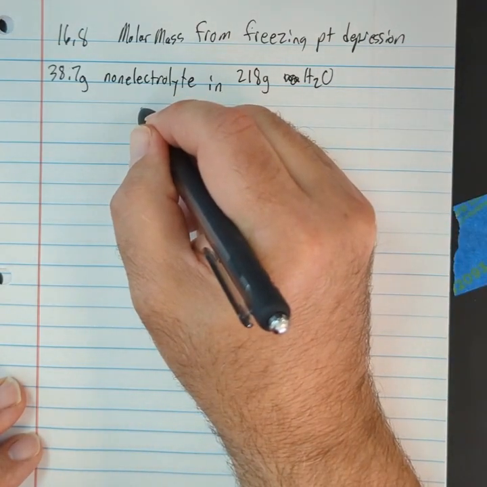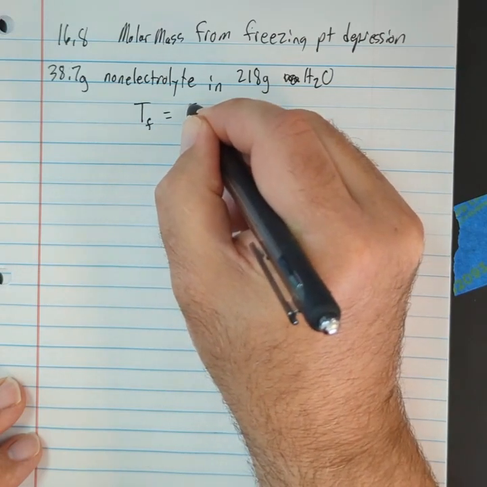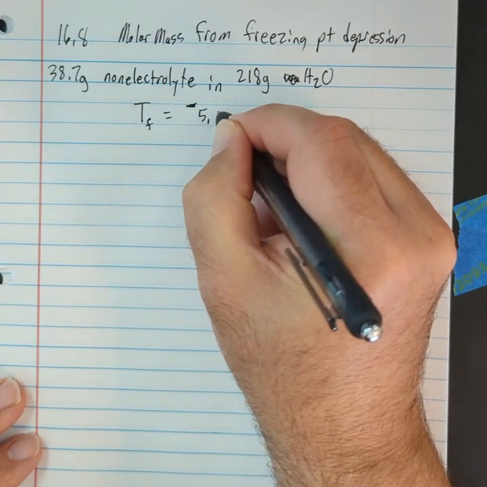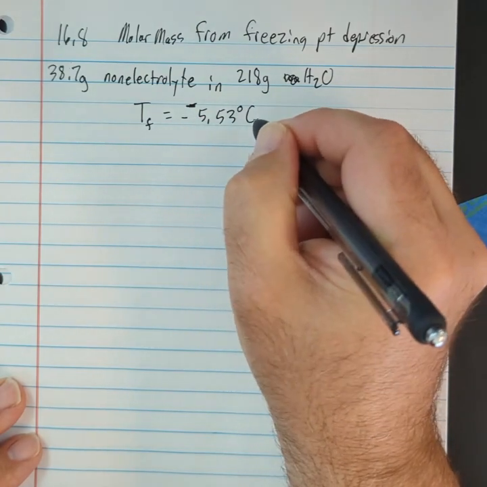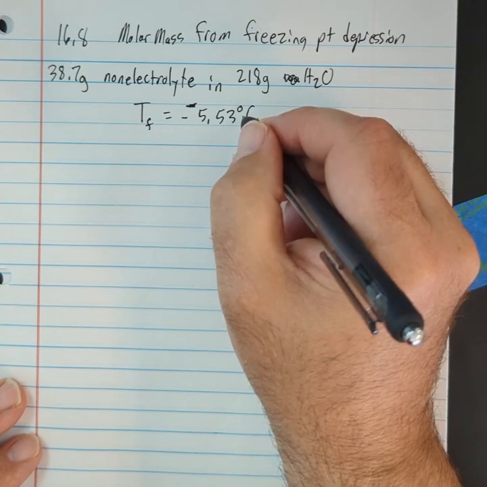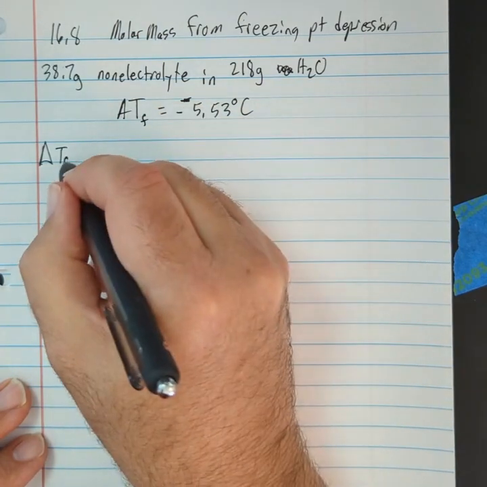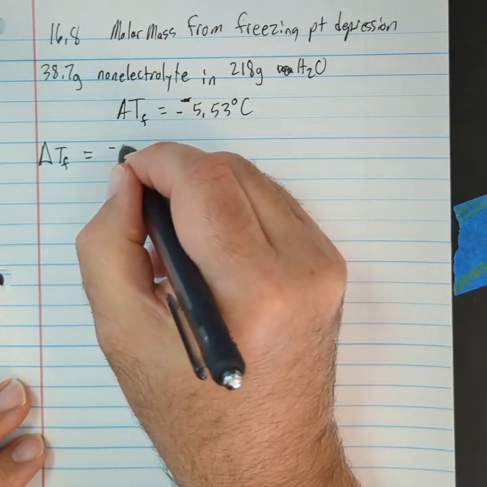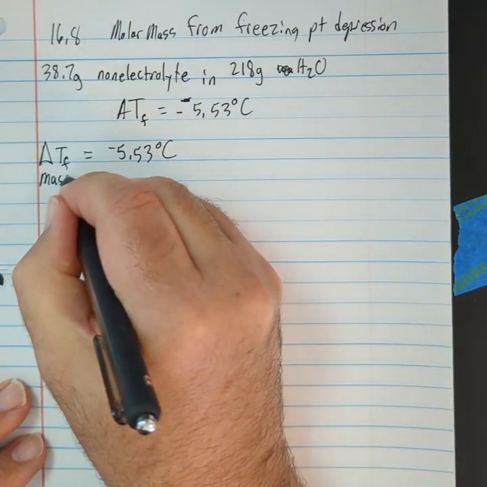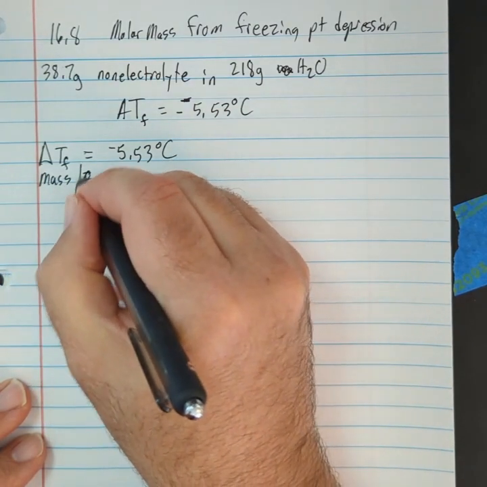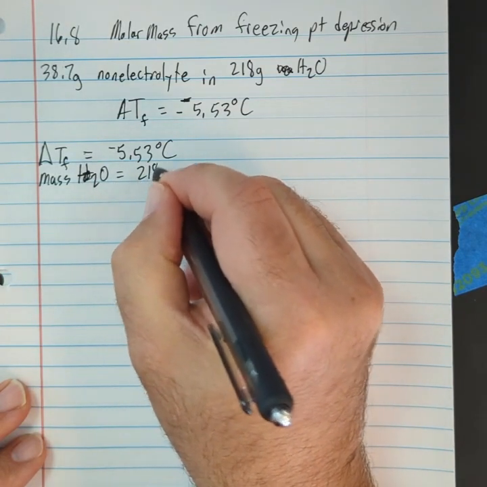So the new freezing point is going to be negative 5.53 degrees Celsius. Okay? We want to find the molar mass. So we know that the change in freezing temperature is equal to negative 5.53 degrees Celsius. We know the mass of the H2O is 218 grams.